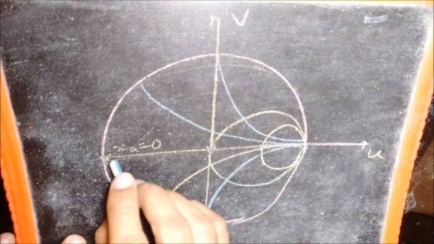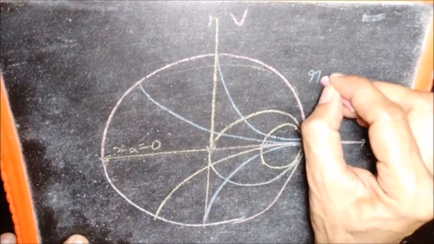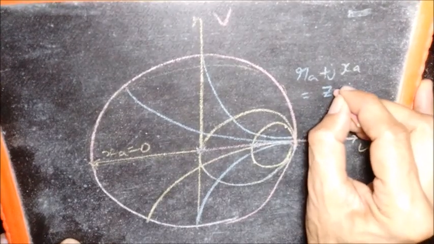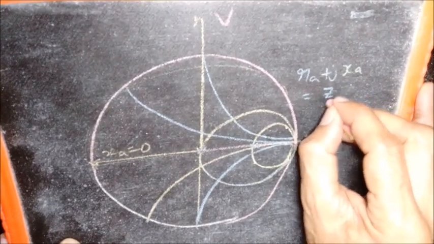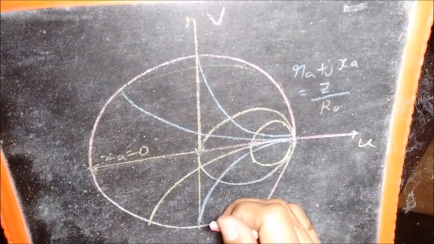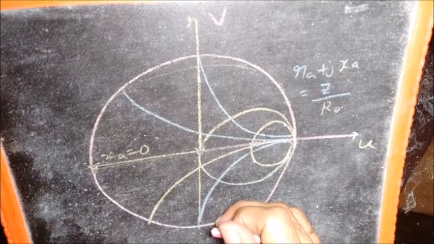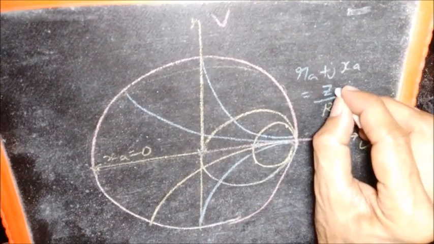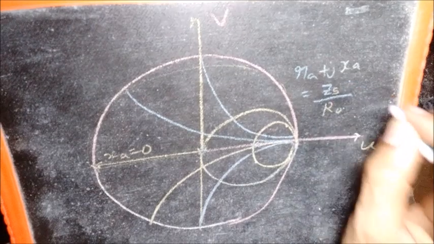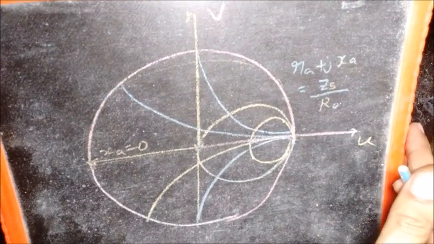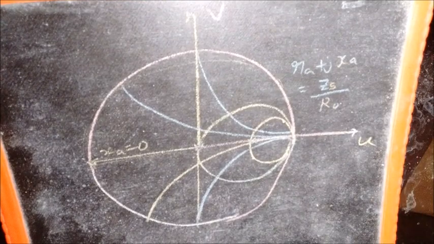So basically, remember RA plus j XA is the normalized impedance, the impedance divided by R0, and to be more specific, it is Z of S divided by R0. And if S is equal to 0, it becomes ZR by R0, because at S equals 0 you have the load.